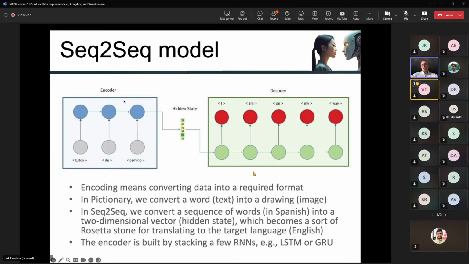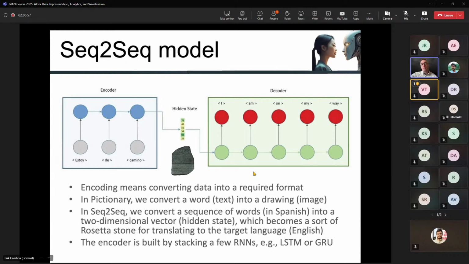So instead, I represent these three words using some sort of convolution, some sort of continuous bag of words into this compressed hidden state, and then I pass this to my decoder, who instead has another kind of dictionary to translate the same meaning into a new language, into English, the target language.